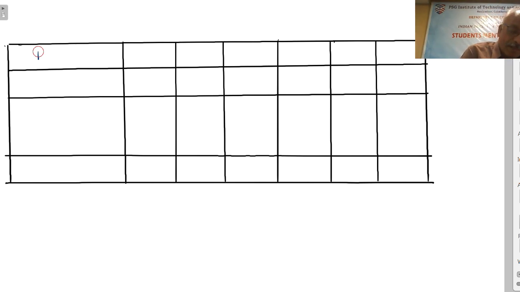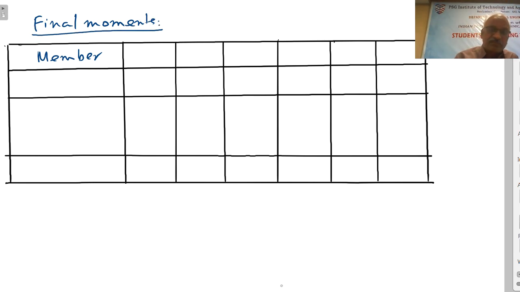So member, we are going to calculate the final moments. We are using the term final moments in 3 or 4 places, so we have to understand. This is member AB, member BA, member BC, member CB, member CD, member DC.